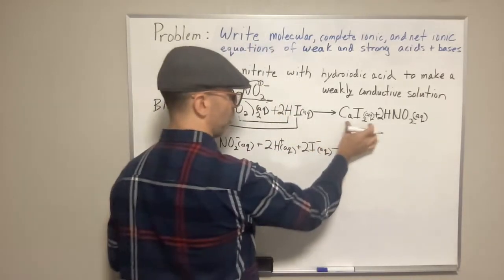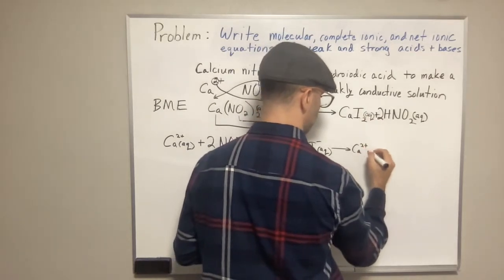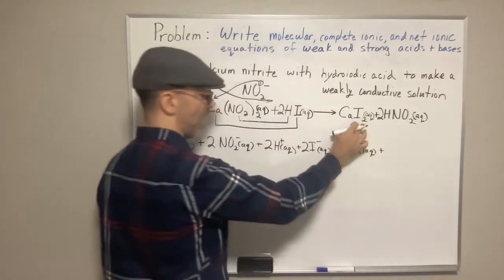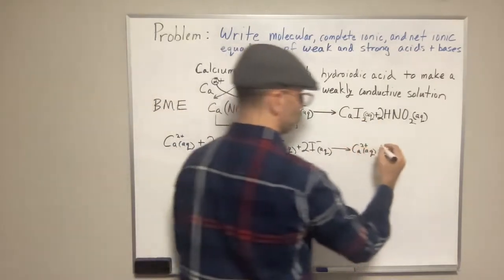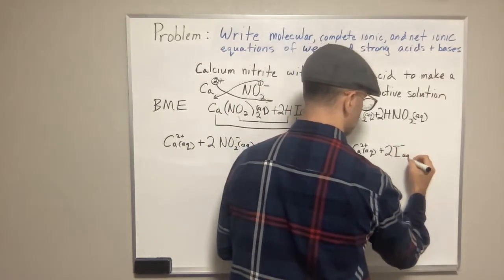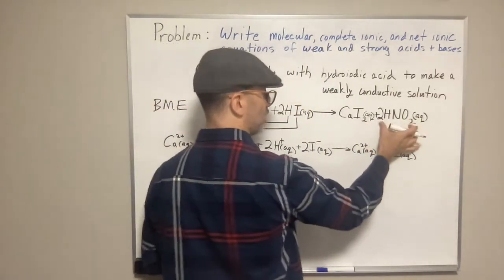So the calcium iodide, that's going to break apart. So I have Ca2 plus aqueous, and I have 2 iodide ions. So remember, the 2 subscript becomes a 2 coefficient. So 2I minus aqueous. And then I'm going to keep this together.